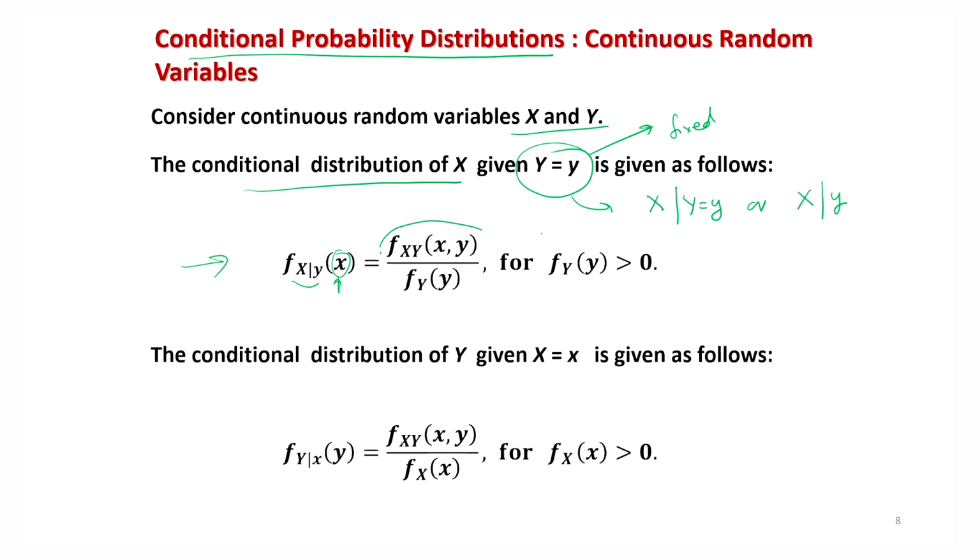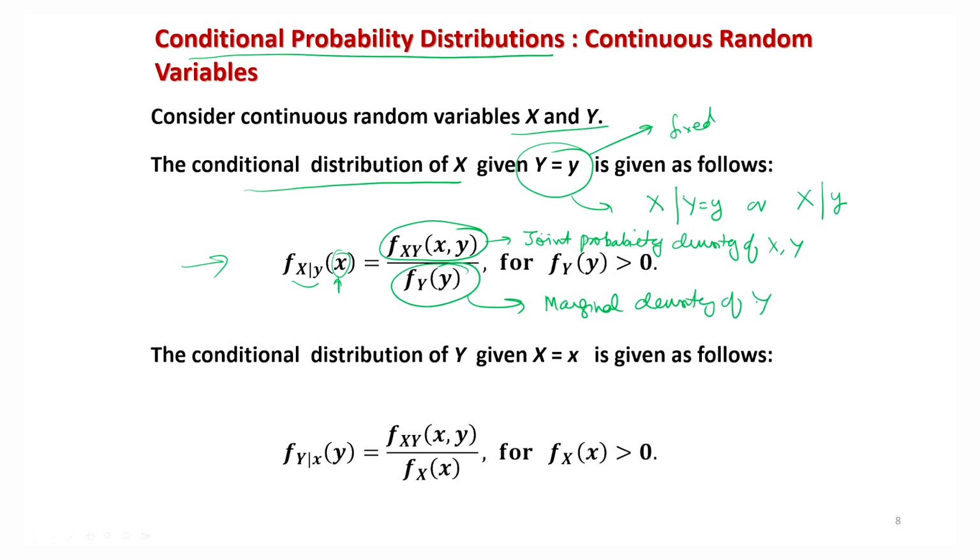So, in the numerator, this is the joint probability density of x and y, and in the denominator, this is the marginal density of y. This is how you can obtain the distribution of the conditional probabilities.